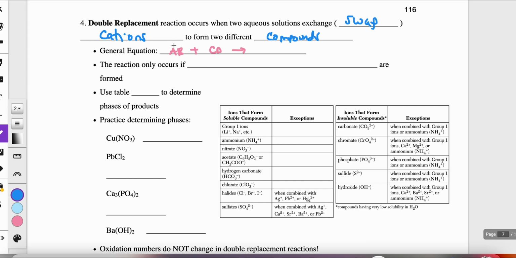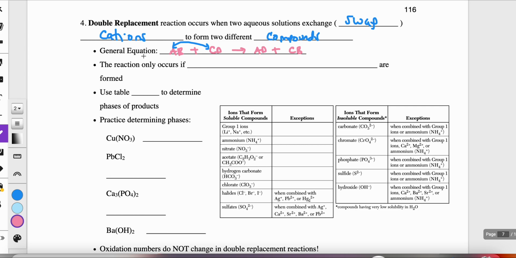So A and C are swapped between the two compounds. As a result, A now forms a compound with D, so we have compound AD, and then the other compound forms between the anion B and the cation C, so we have compound CB.